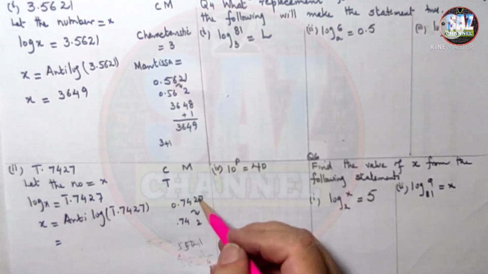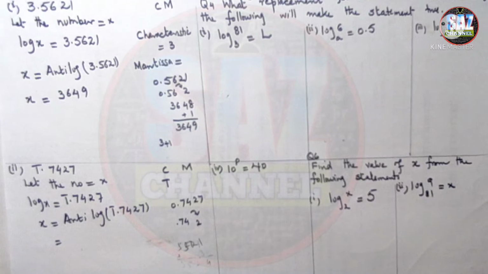Then I look in the mean difference column of 7, which gives me 9. So let me add them up: 5521 plus 9 gives me 5530.